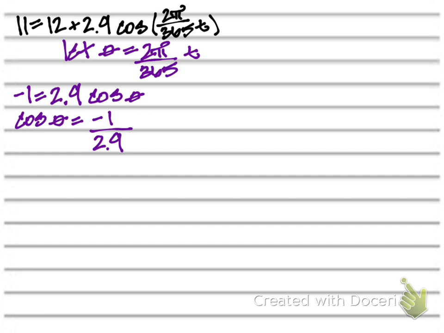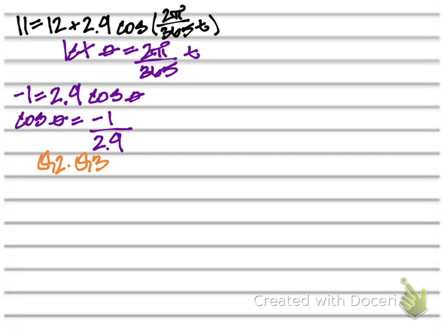So let's think about that for just a second. Cosine is negative on the left-hand side of our Cartesian plane, right? In quadrant 2 and quadrant 3. So we could put this in the calculator and get the guy in quadrant 2, and then we would have to figure out what theta hat was to get our quadrant 3 guy.